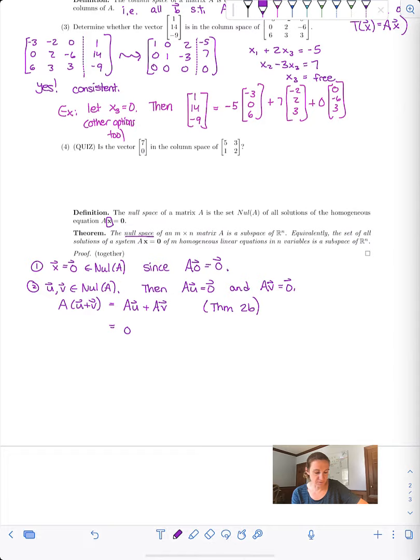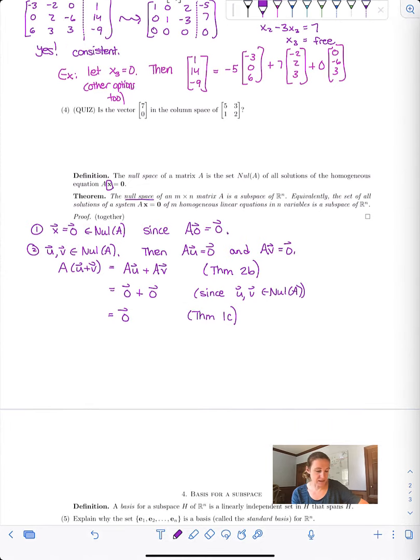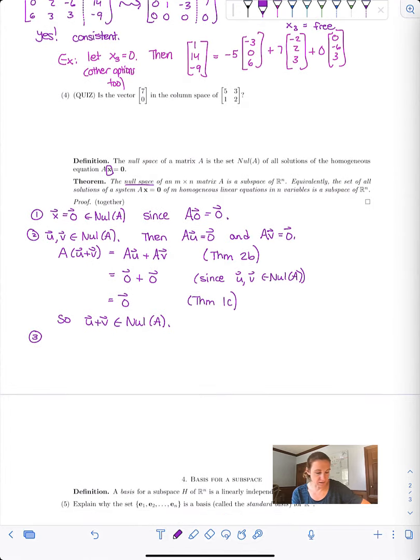Since both of those are zeros by above, we can substitute, since u and v are in the null space of A. Then when we add 0 to a vector, by theorem 1c, we get the vector back. So now what we've shown is A times (u plus v) equals 0, so u plus v is in the null space of A. Finally, we're ready for part 3, which is looking at what happens when we multiply u by a constant.